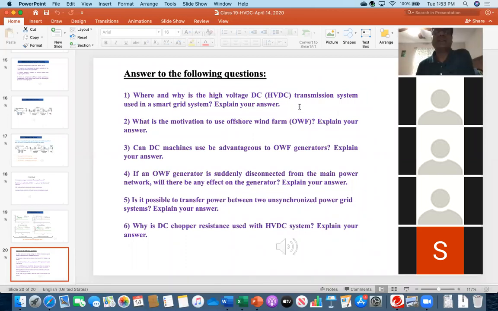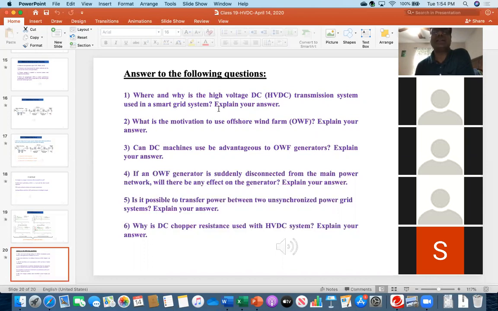Okay, yes, the answer is right. And where, what is the best example? In which system is HVDC used? It's used for the offshore wind generator system. Yes. So therefore, the appropriate answer would be, where: in case of an offshore wind energy system, the HVDC system is used between the offshore wind energy system and the onshore power network.